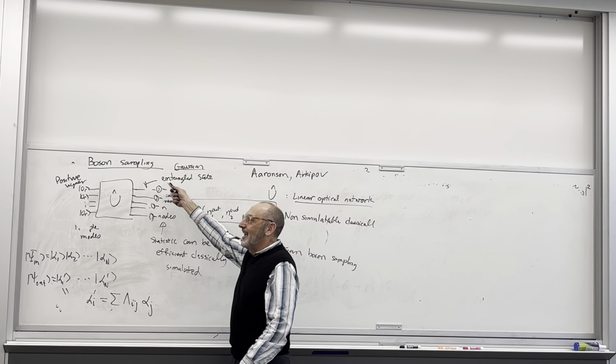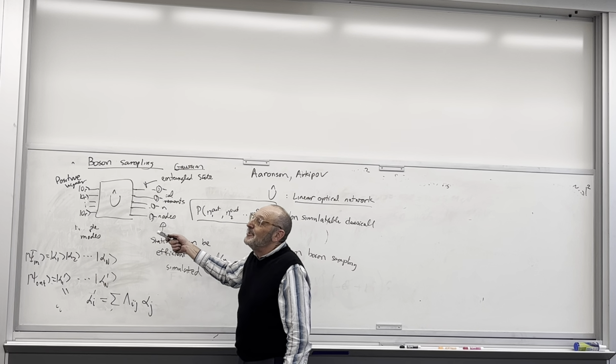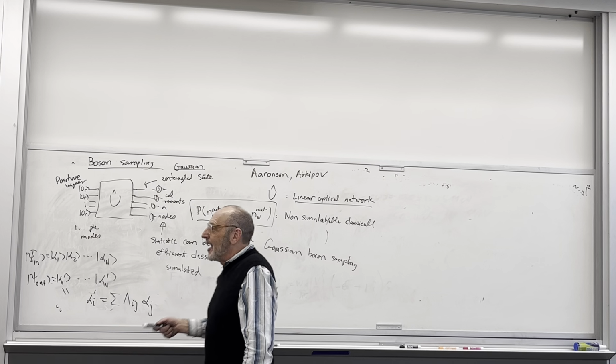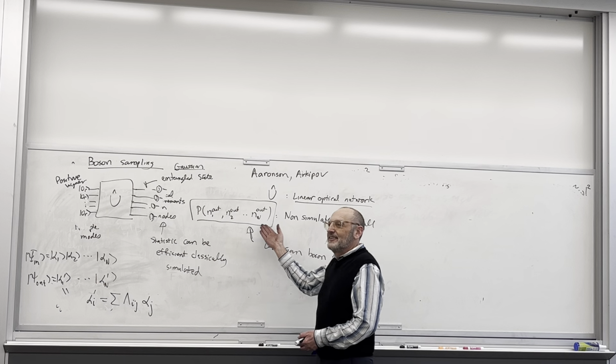Even though you're starting with a positive Wigner function, if you're not doing a homodyne measurement but doing photon counting, the photon statistics can be something which cannot be describable by a classical statistical theory and would require something more.